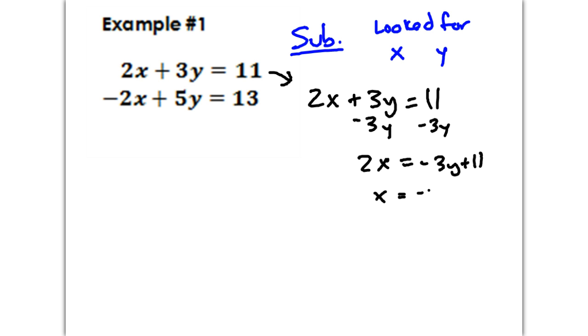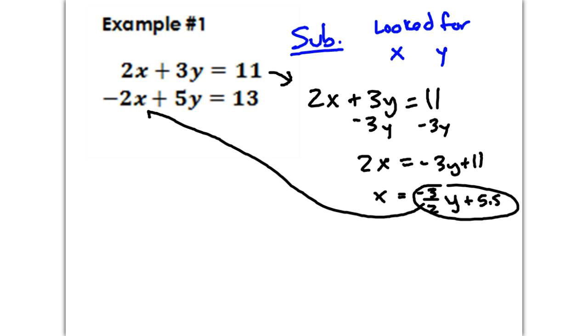And then we divide by 2. And 11 over 2 is either 11 over 2 or 5.5. So we could take that and substitute it in for an x in the second equation, right there. And we'd be able to do it. It'd just be a little bit harder because we have some decimals, some weird fractions, and things like that. So it takes a little bit more time.